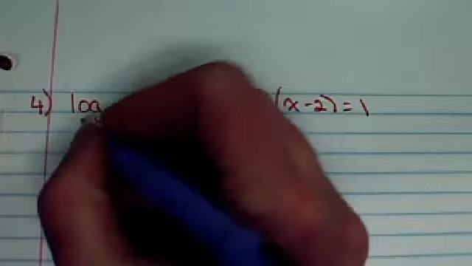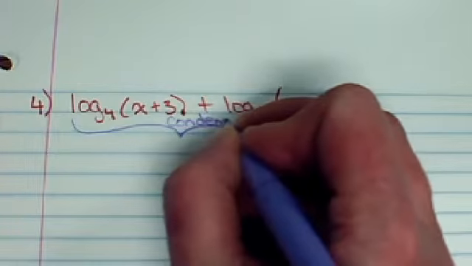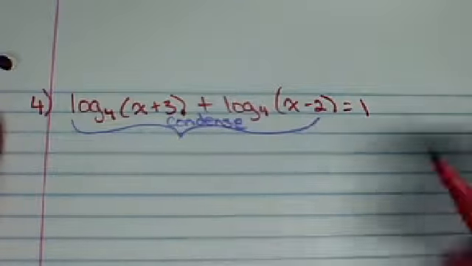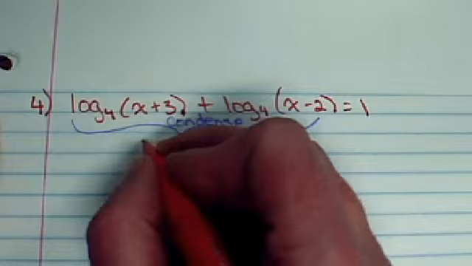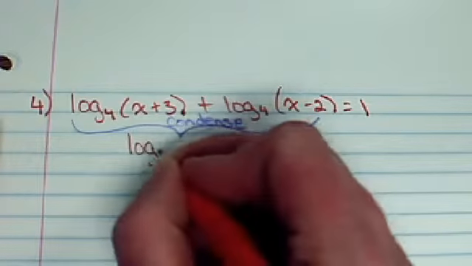Oh, we do. We know how to condense. Condense means to turn multiple logarithms into one. Now, one of the properties of logarithms says if I add two logarithms, when I condense them, I'm actually going to multiply the arguments together.